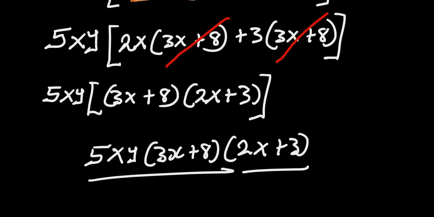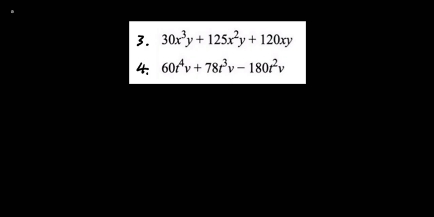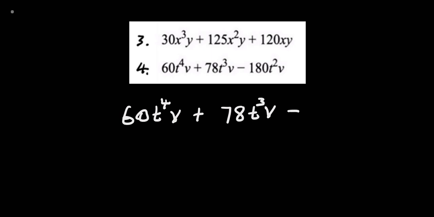Question number 4. Over here we have 60t to the fourth power v plus 78t to the third power v negative 180t squared v.